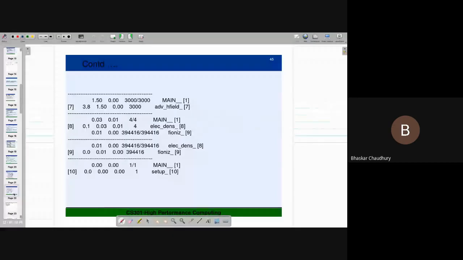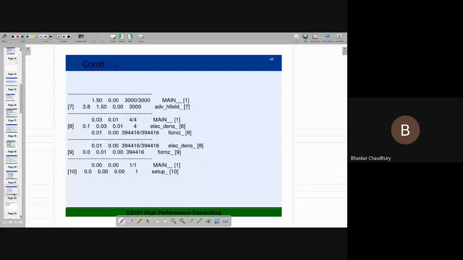Both are numbers which take into account two kinds of information: one related to the memory, and another related to the computation. Then we typically try to correlate these two numbers, code balance and machine balance, to get an understanding of whether my code is going to do well or badly, depending on how these two numbers are relative to each other.